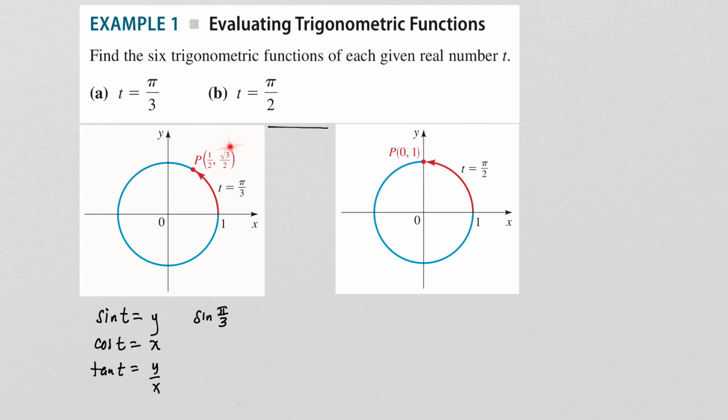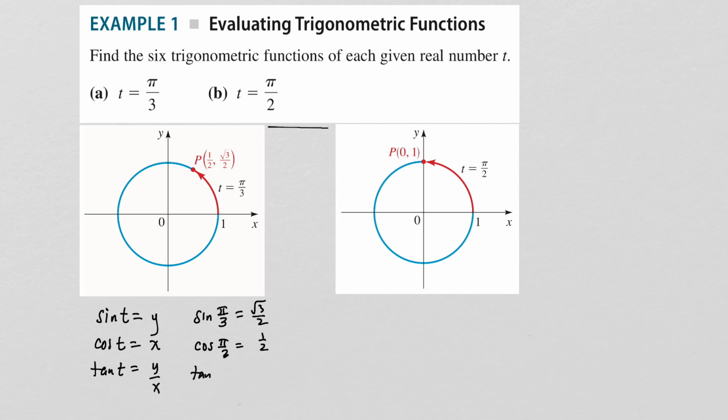So the y coordinate of this point is radical 3 over 2. If for some reason you don't know where those values come from, I would recommend pausing this video and looking at one of my other videos from my trigonometry playlist where you can find this information. Now cosine of pi over 3 is simply going to be the x value of the point, and the x value there is 1/2.